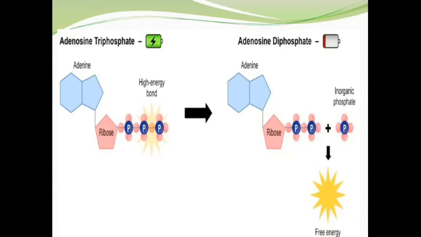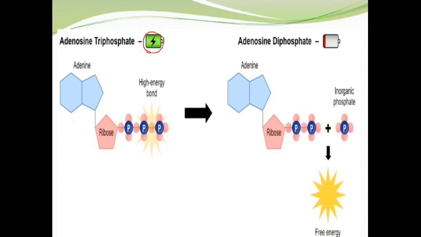Next, as you can see in this figure, the structure of adenosine triphosphate is shown to you. Now you can see the figure over here, which is highlighting that the battery is completely charged. So adenosine triphosphate is the best and ready source of energy, with lots of energy.